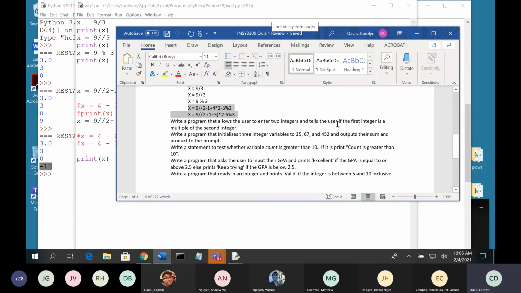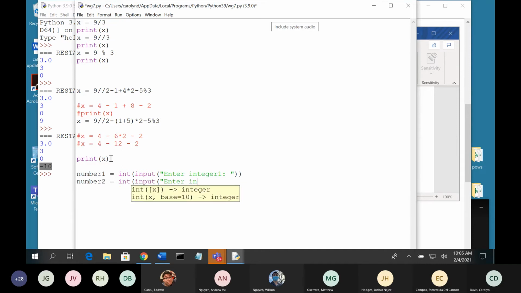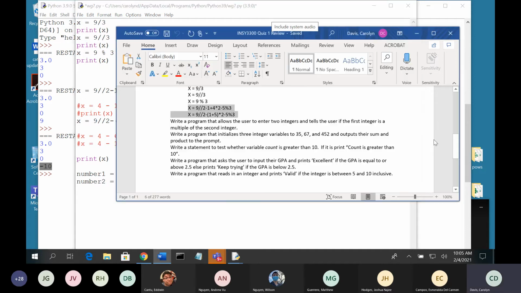Write a program that allows the user to enter 2 integers and tells the user if the first is a multiple of the second. I got to enter 2 integers. Okay, so it says I want to know if the first is a multiple of the second.